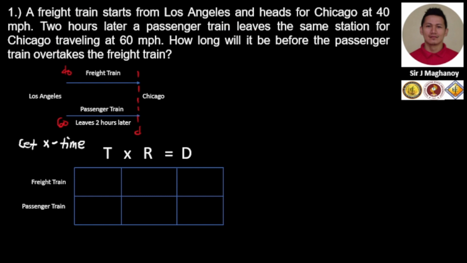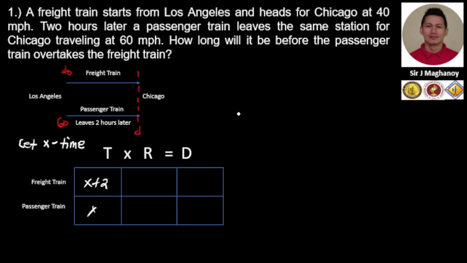Therefore, if we write our equation, for the passenger train we have x, and for our freight train we have x plus 2. Why x plus 2? Because the freight train leaves ahead of time. So it consumed the 2 hours in order for the passenger train to meet and overtake the freight train.